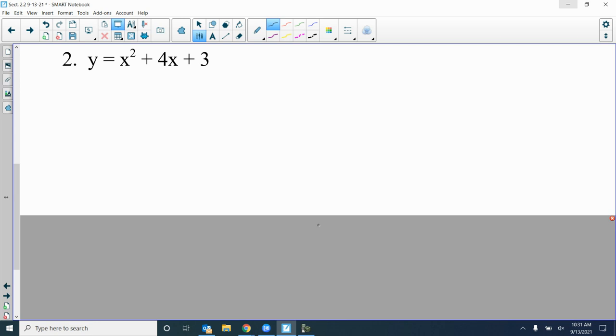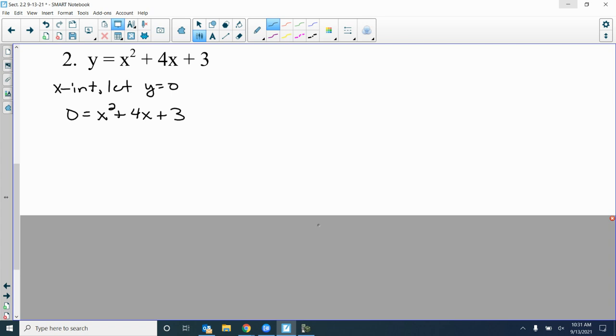All right, how about for the x-intercept? Let y equal 0. So I get 0 equals x squared plus 4x plus 3. All right, now it's not exactly the same as last one, but I can still solve it. How do we solve it? Factor.